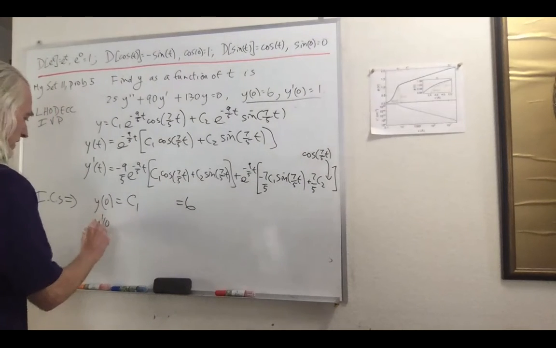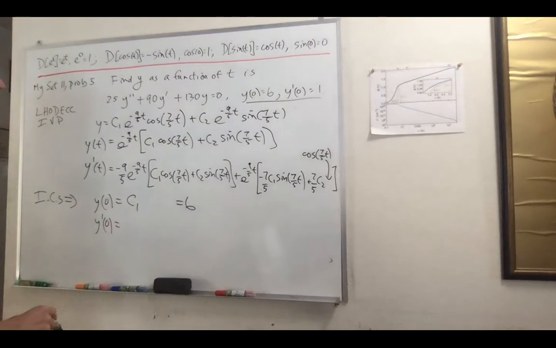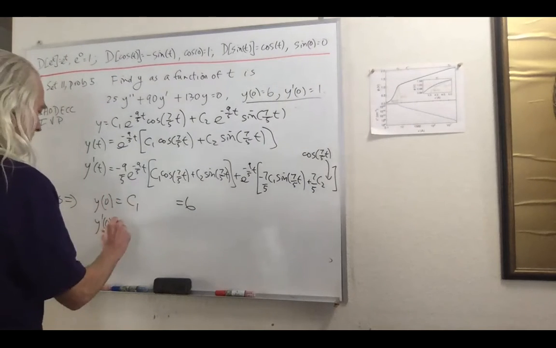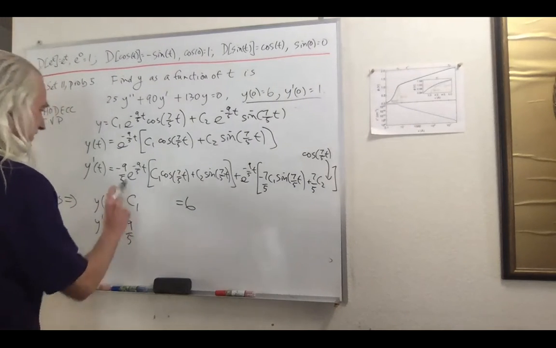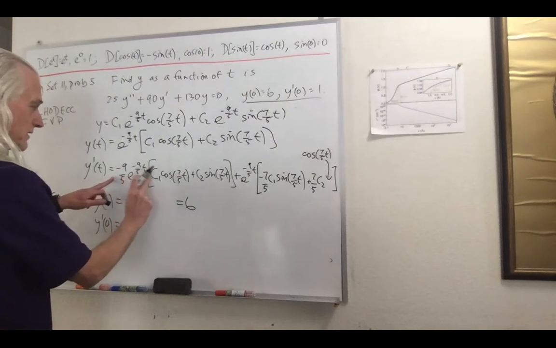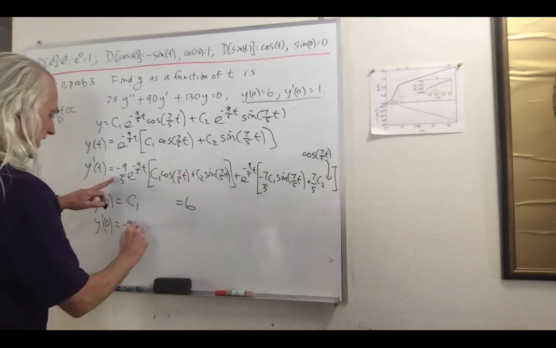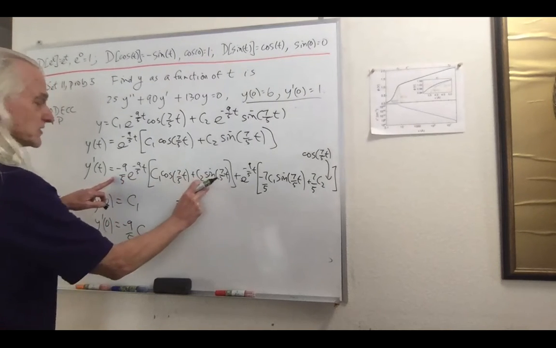And then y prime of 0 is going to be a little bit more complicated. I'm going to get a minus 9/5 from here times 1 times c1 times 1. That's c1, plus c2 times 0.